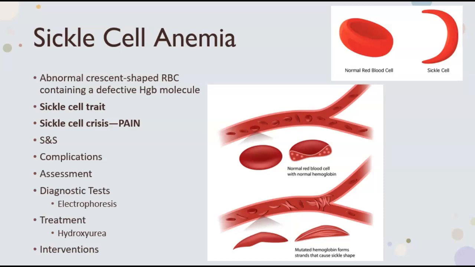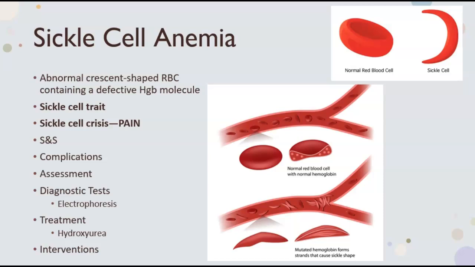There is a syndrome with sickle cell called acute chest syndrome. This results from the sickling in the blood vessels of the lungs that prevents oxygen entering the lungs. So chest pain, fever, shortness of breath, increased respirations, and cough will be seen with that. Diagnostic tests.